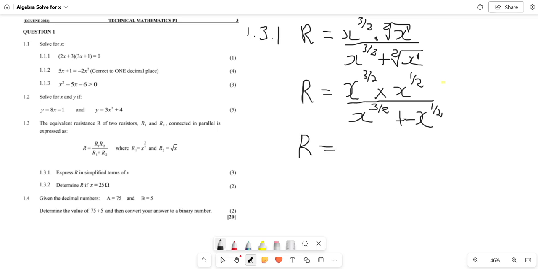That is equal to. Now, what will happen here at the top? We have x to the power of 3 over 2 multiplied by x to the power of 1 over 2.